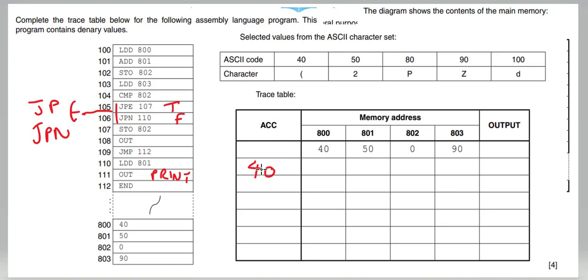We're then going to add 801. So we're going to take 50 and we're going to add it to the 40, which gives us 90. We're then going to store the results of that into 802, which is here. We're then going to load 803.